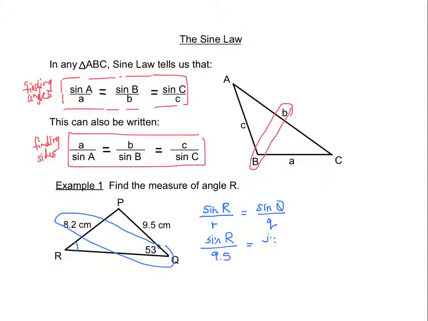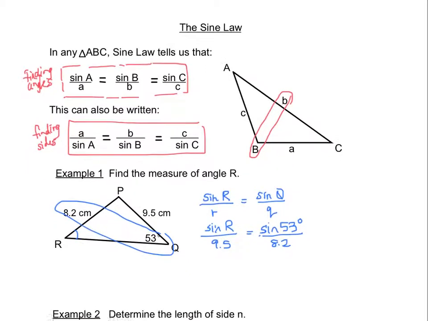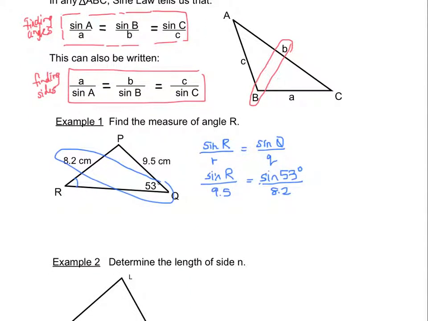We know that angle Q is 53 degrees, so sine 53 over, and we know that side Q is 8.2 centimeters. So we filled in all the information that we know. Now, in order to solve for angle R, we're going to cross multiply.